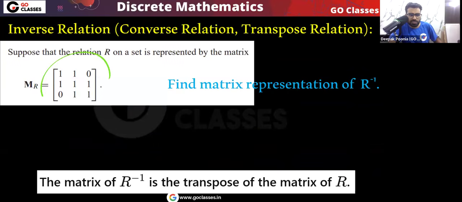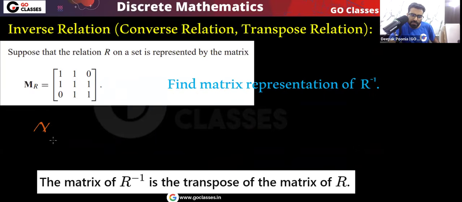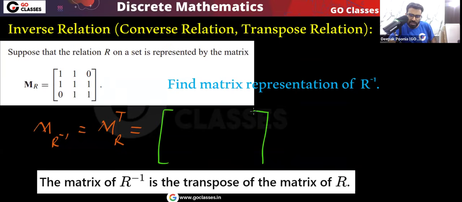So tell me, for this matrix representation of R, what will be the matrix representation of R inverse? Find the matrix representation of R inverse. It will be the transpose of the matrix representation of R. So how do you find the transpose of a matrix?